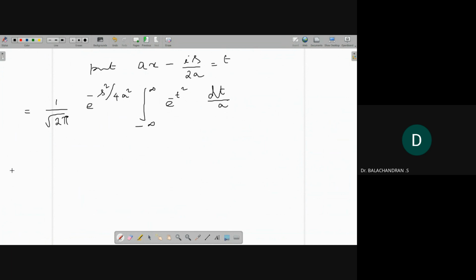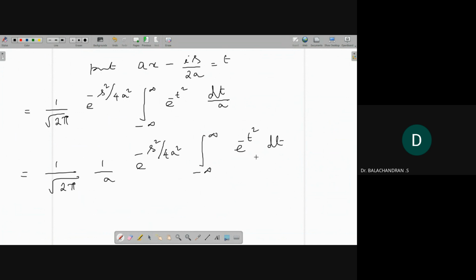Now this is equal to 1 by root 2 pi into 1 by a, which is constant, e power minus s square by 4a square, integral from minus infinity to plus infinity e power minus t square into dt.